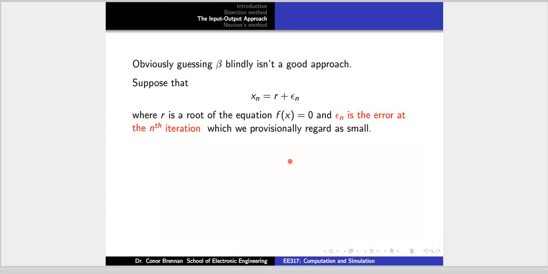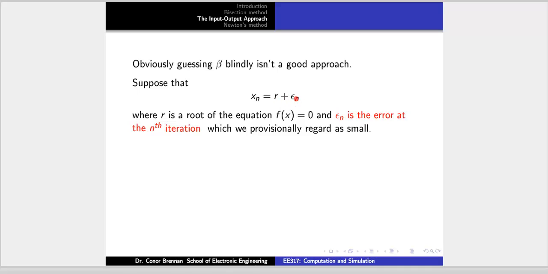So what do we do? Let's do a little bit of what's called error analysis. Let's look at the error in our process and try and work out how we can control the error. Let's imagine we've been doing this algorithm for a while, and we are now at iteration n, and our estimate is given by xn.